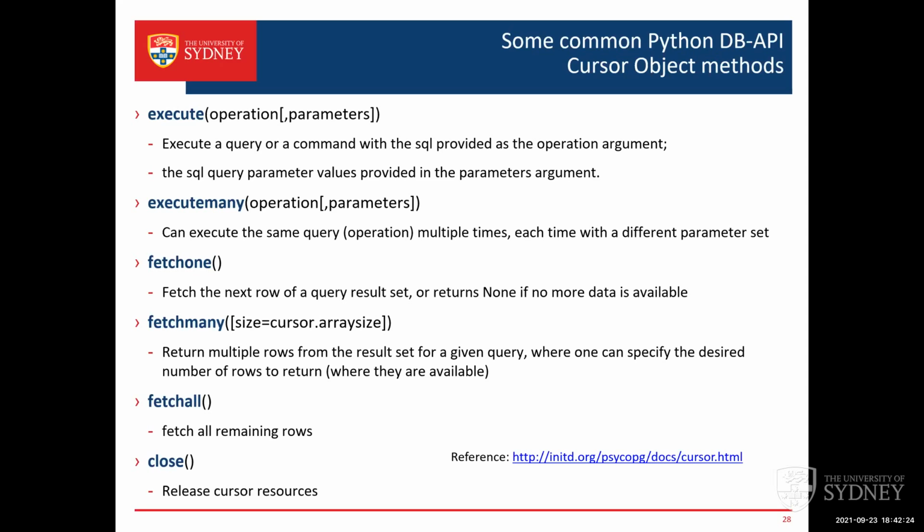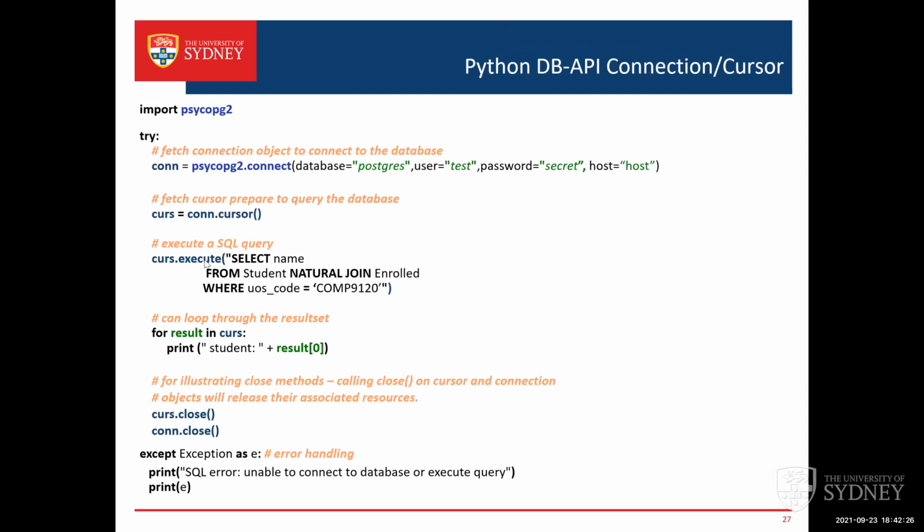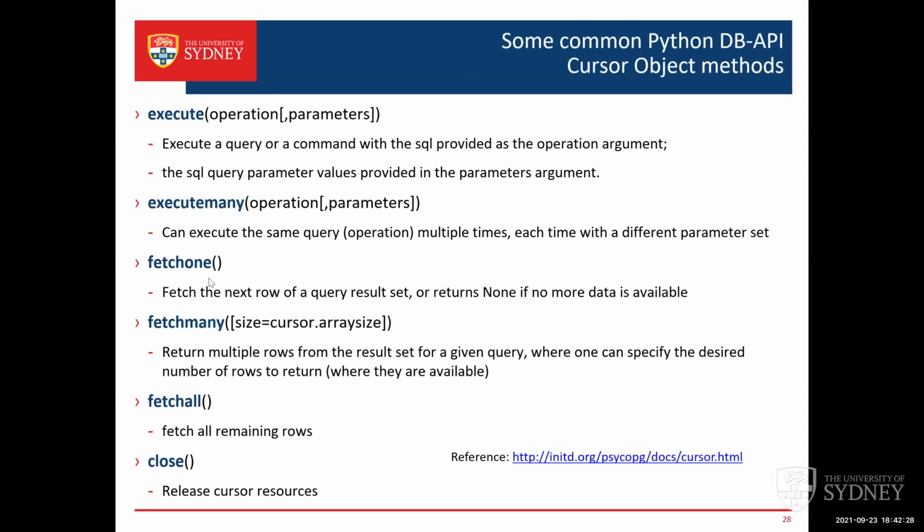Once we execute, then we can fetch the result. We can fetch the result one by one. If we simply write fetch one, that will just give me the next result. So let's say you are in row number 10 and you write fetch one, that simply means it will give you row number 11 back.